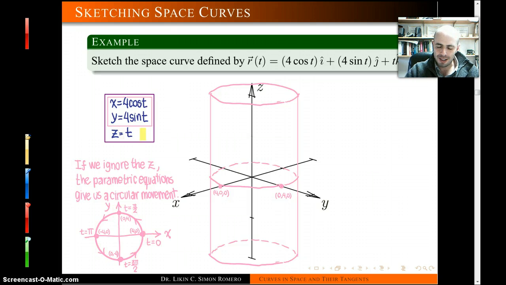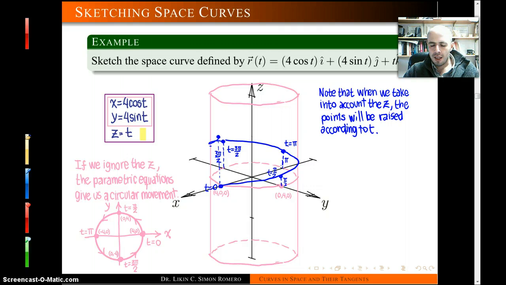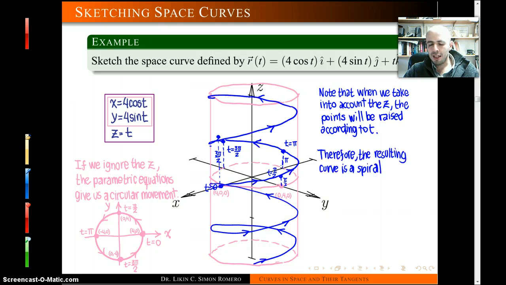Now what the z does is it starts raising or lowering the point according to t. So for these particular t's, it's going to raise more and more. So notice that what you obtain at the end is a spiral. Not only that, the spiral is going to have a very particular way of traveling, which is counterclockwise with respect to the z-axis.